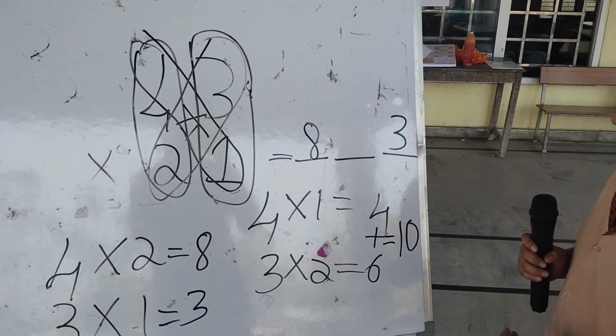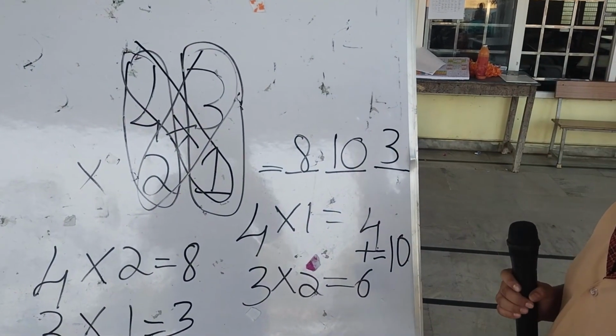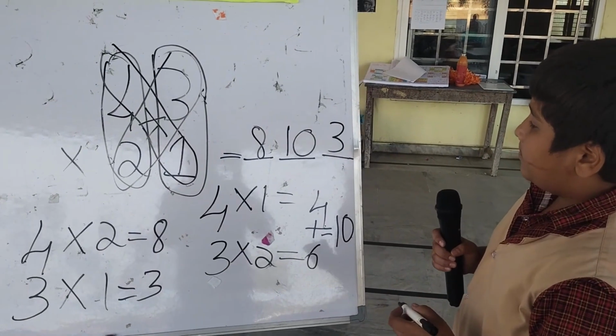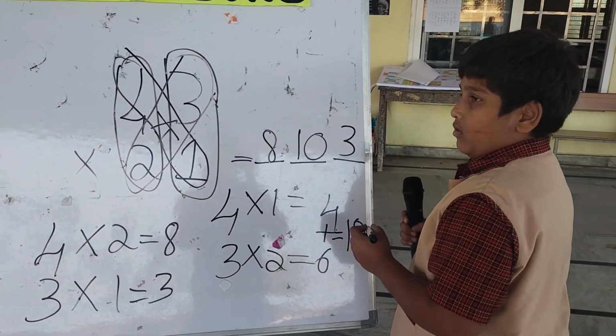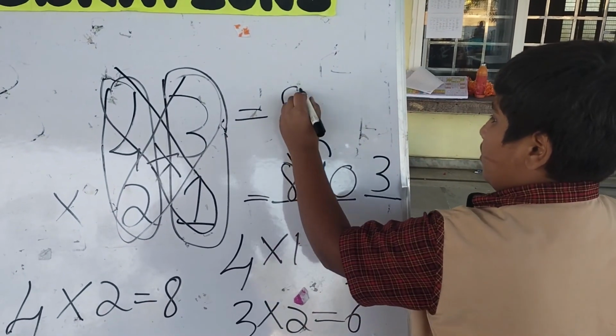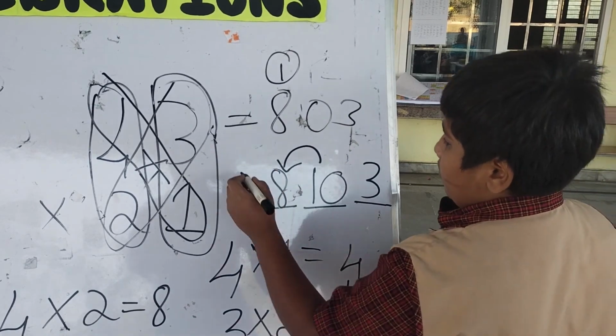Now place 10 in the middle blank. We can place only one digit in any blank except in the first blank. So we are taking the 1 in the 10 to the before blank. The answer is 903.